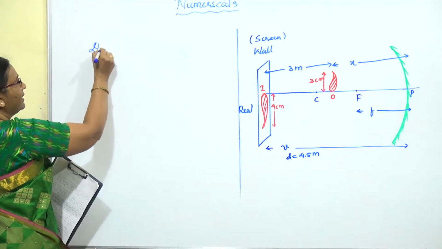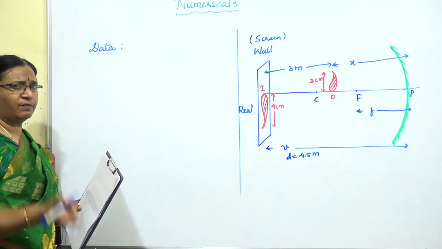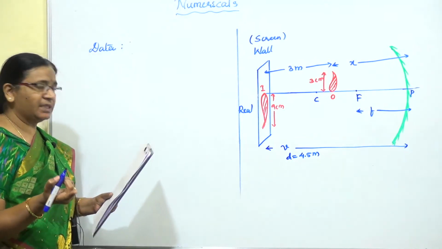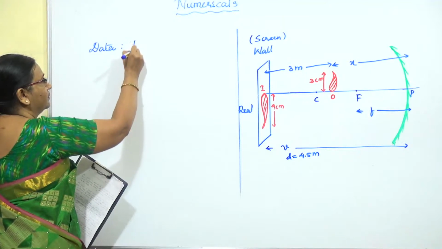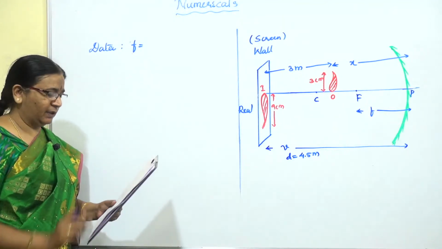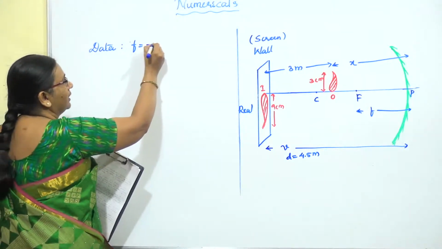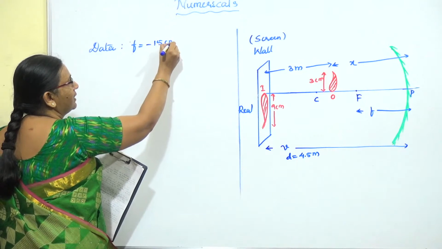What is given is the radius of curvature is 30 centimeter, which means focal length becomes what? 15 centimeter, and a dentist will use what? Even if they don't say it, you have to understand it's a concave mirror, okay? So that should be negative, minus 15 centimeter.